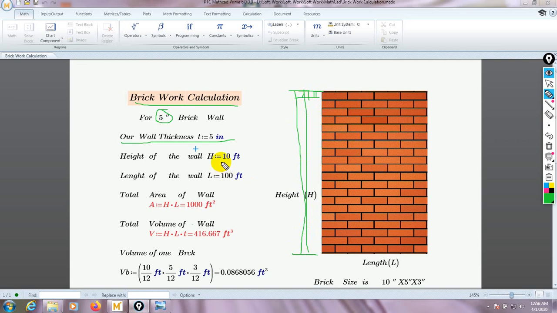So I have considered that the height of the wall is 10 feet and the length of the wall is 100 feet.